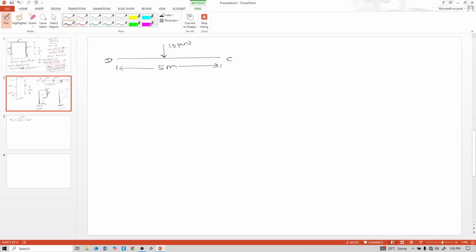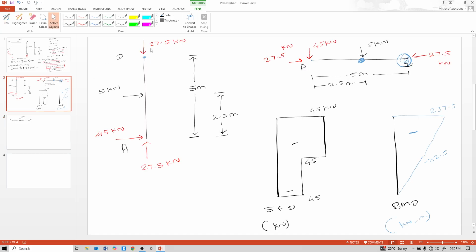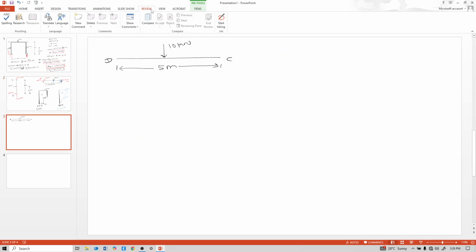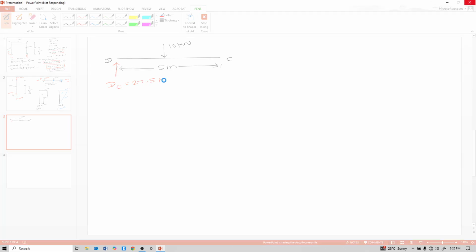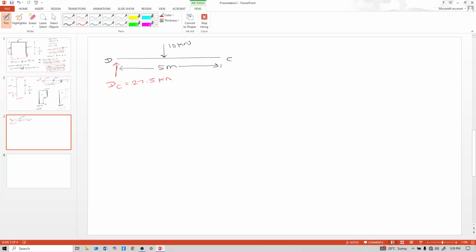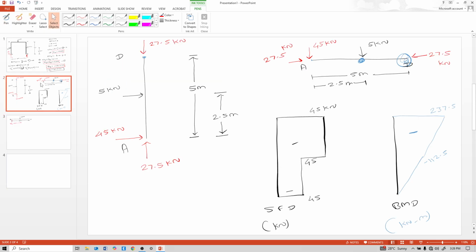See, at this point D, this 27.5 kilonewton load is downward. That means here it comes opposite, equal and opposite reaction, 27.5 kilonewton.